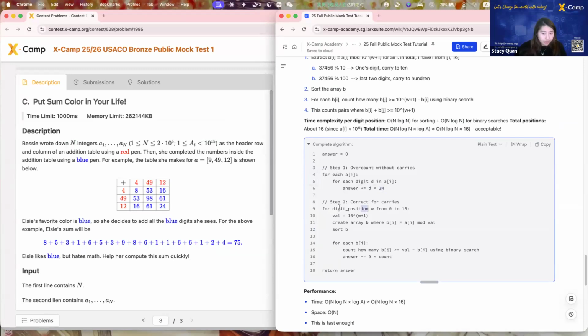So for the digit positions from 1 digit to 15 digits, you create the array B to store the last few digits, and then you sort it to prepare it for binary search. And then for each number, you research into how many partners can create a carry to the next higher digit position, and you minus the count.